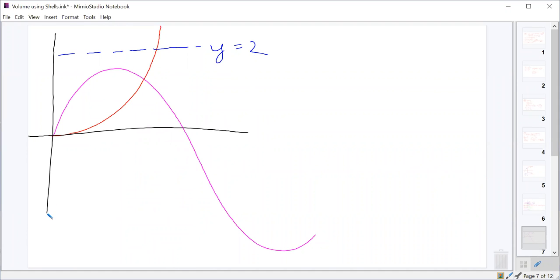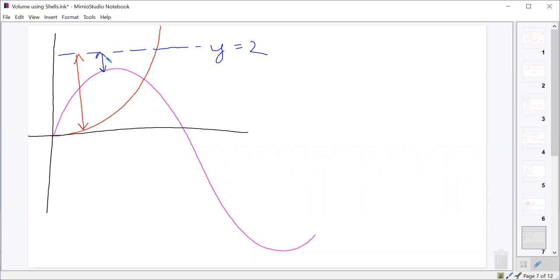There's my y-axis. Right. The outer radius is the distance from 2 to x squared. The inner radius is the distance from 2 to sine x. Good? Does that help to have it a little bigger to visualize it? No, it was good before. Okay. Yeah, that helps? All right, good, okay.